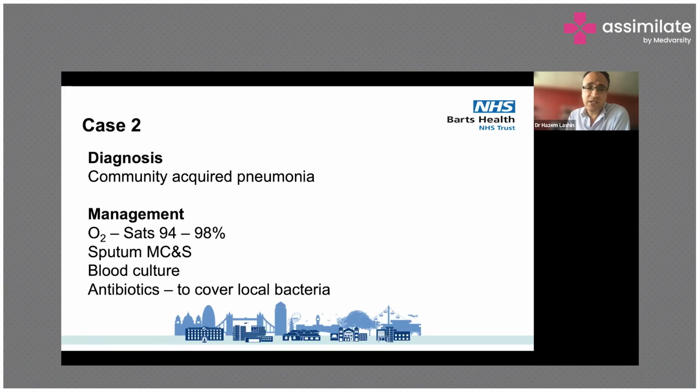And the antibiotics are usually decided by local sensitivities. So depending on your hospital, they will have a policy for antibiotic cover for community-acquired pneumonia until the sensitivities come back of the sputum and the blood cultures.